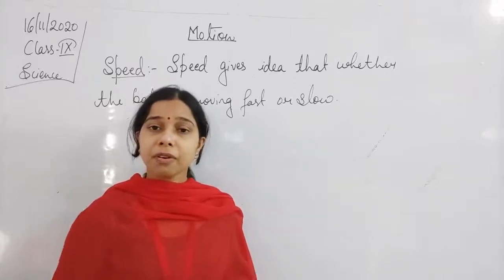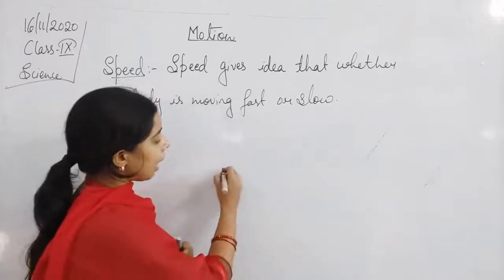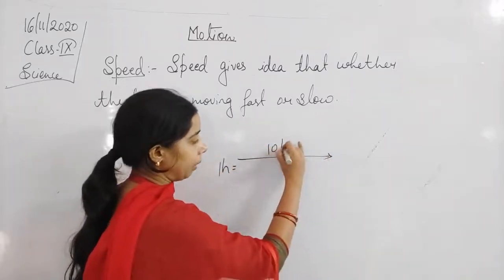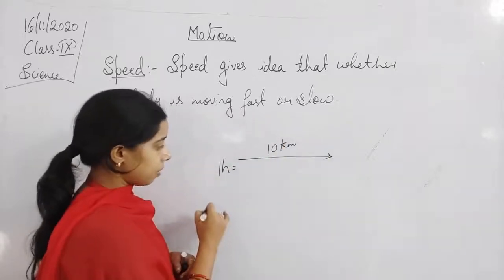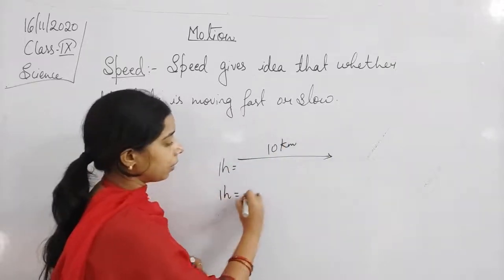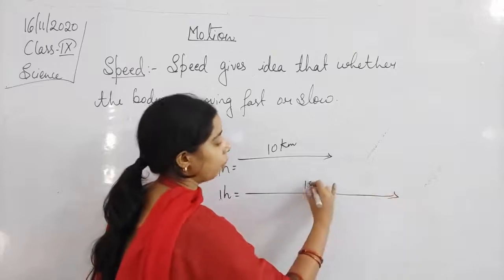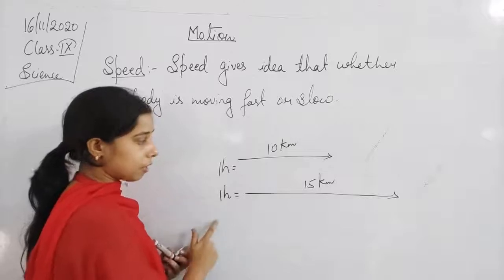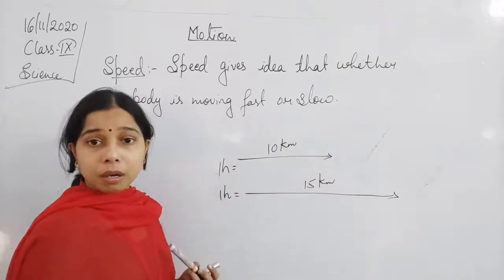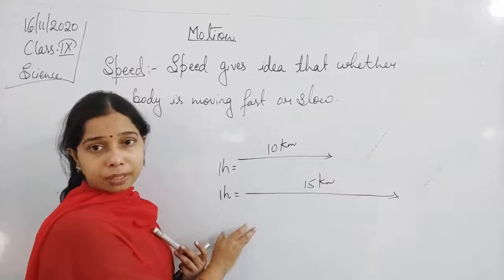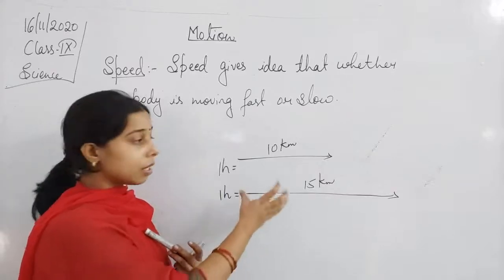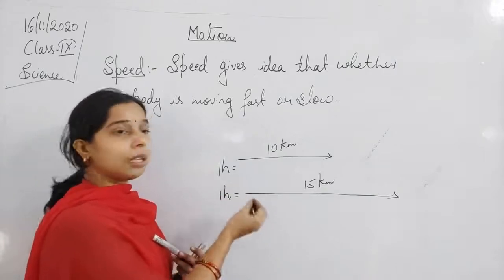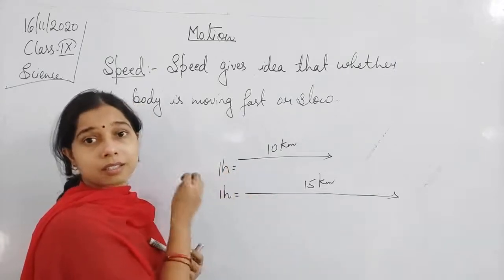You see, if a person travels 10 kilometers in 1 hour, and another person in the same hour travels 15 kilometers, you will say that this object is moving faster than the first one, because he covered more distance in the same interval of time, and the first covered less distance in the same time.